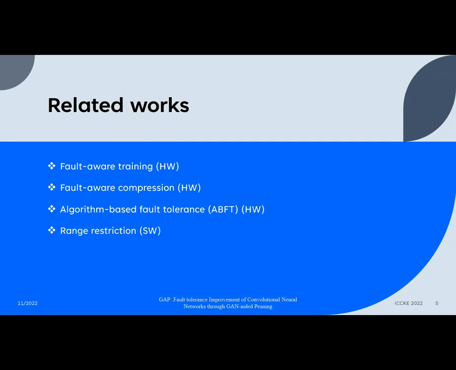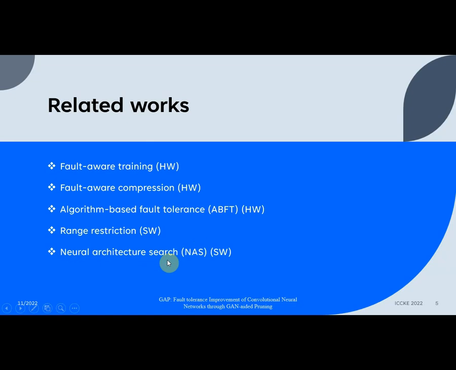Range restriction is usually done at the software level by optimizing a proper bound for each layer output or activation function, in order to restrict the output of a layer and stop the output value from going beyond a specific threshold.